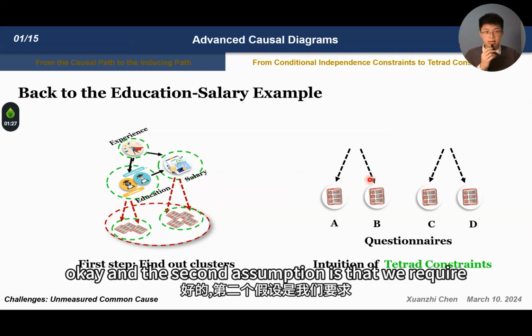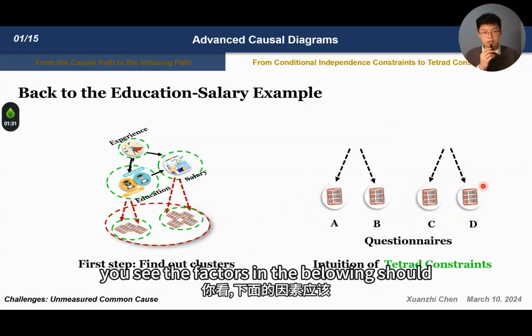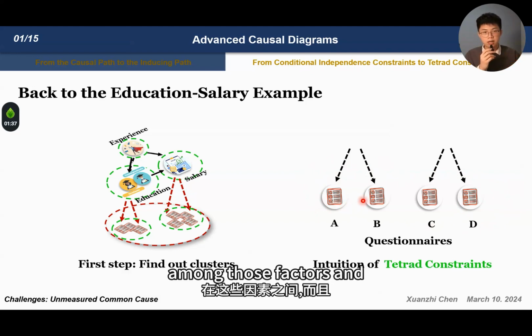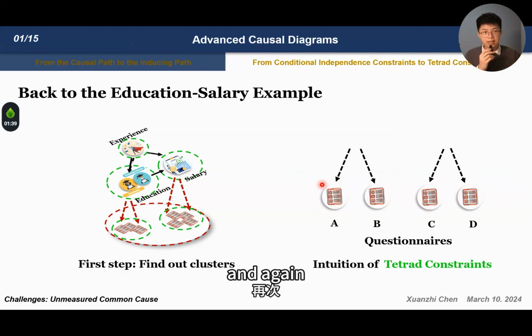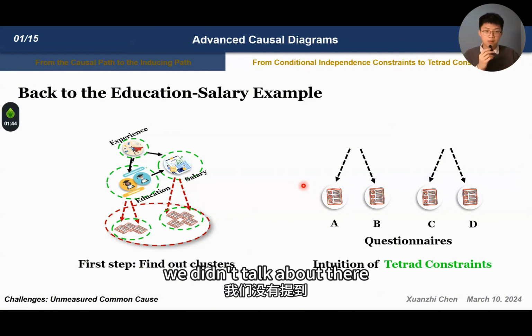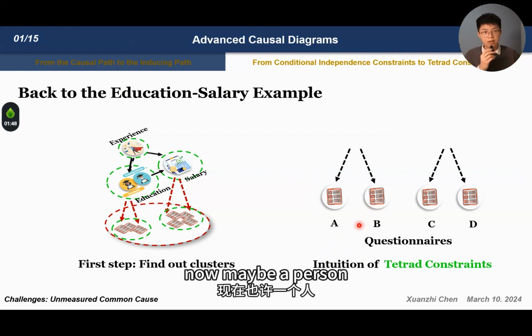Okay, and the second assumption is that the factors below should not have causal relations among them, and again, this fits our context quite well, right? Because we didn't talk about there being causal relations among the questions.